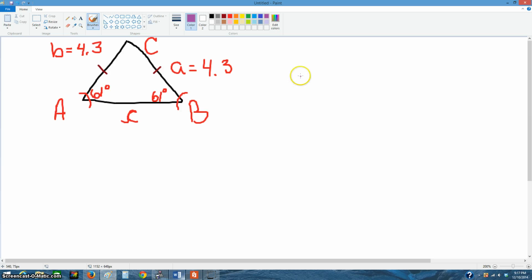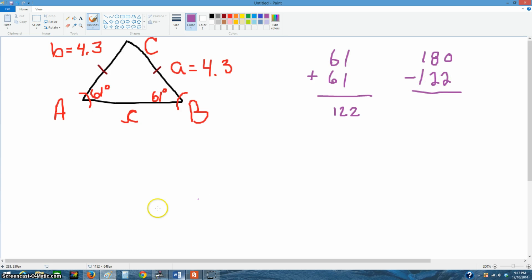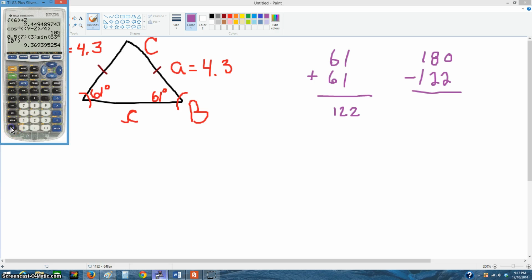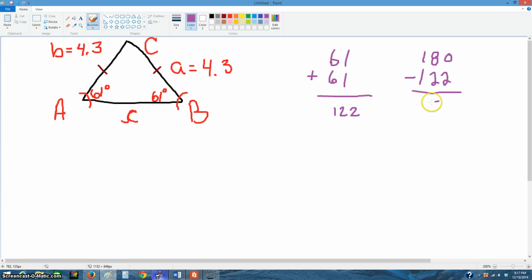So basically I have to say 61 plus 61, and that gives me 122. And then I subtract it from 180. So 180 minus 122. Okay, let's see what that gives me. That gives me 58. So angle C is 58 degrees.